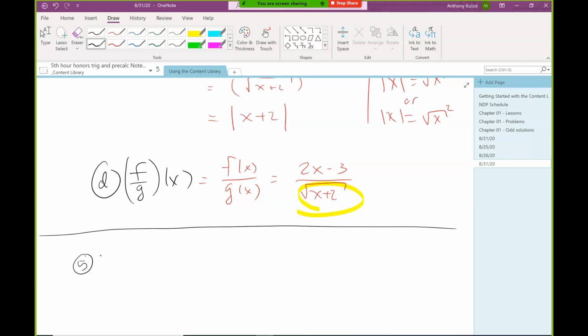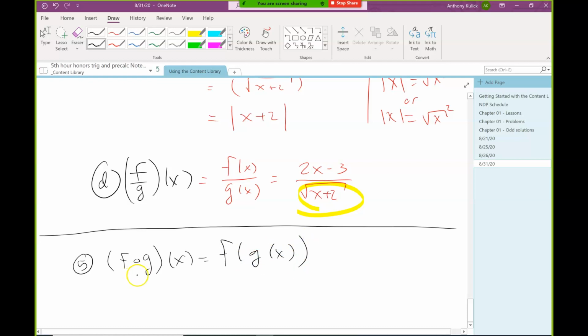Starts with a C. It's composition. So remember that this little open multiplication symbol is the composition symbol. So when we see that series of symbols, we read it as f compose g.